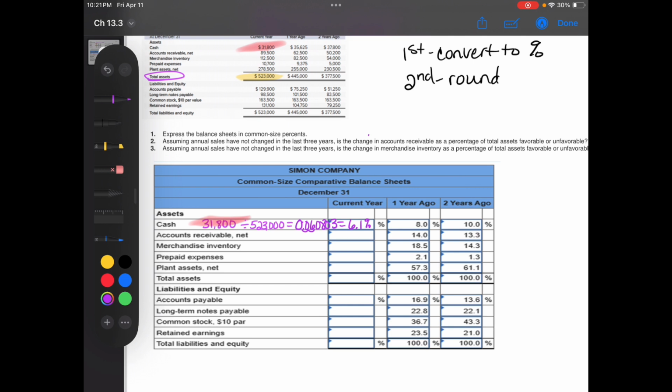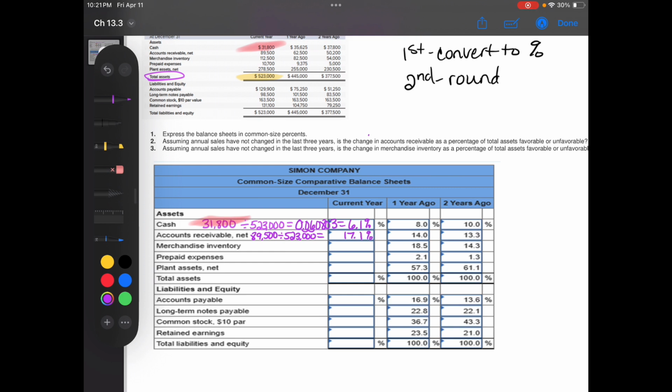So let's just do a couple more of these so you can see how these look. The next one, accounts receivable, is $89,500. Again, we would divide that by $523,000. Always going to be dividing it by $523,000. So this one, once we round it, becomes 17.1%.